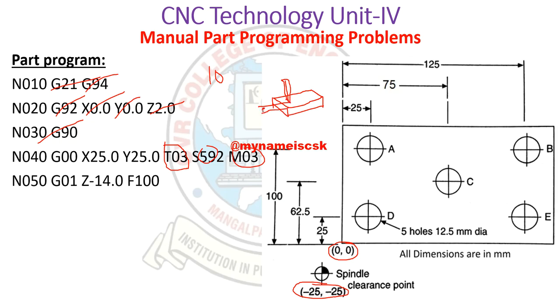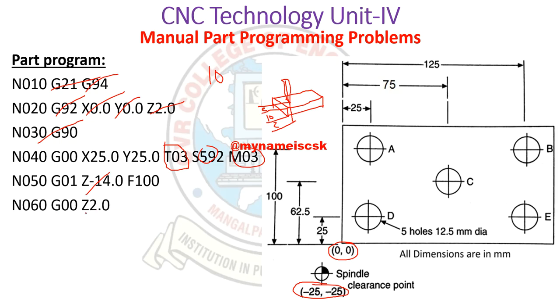For example, I'm saying 2 mm is the distance, and this distance comes as 10 mm. And this drill bit has to cut and come out of the workpiece, and this distance comes as 2. So 2 plus 10 plus 2 becomes 14. So from the reference position it has to go minus 14.